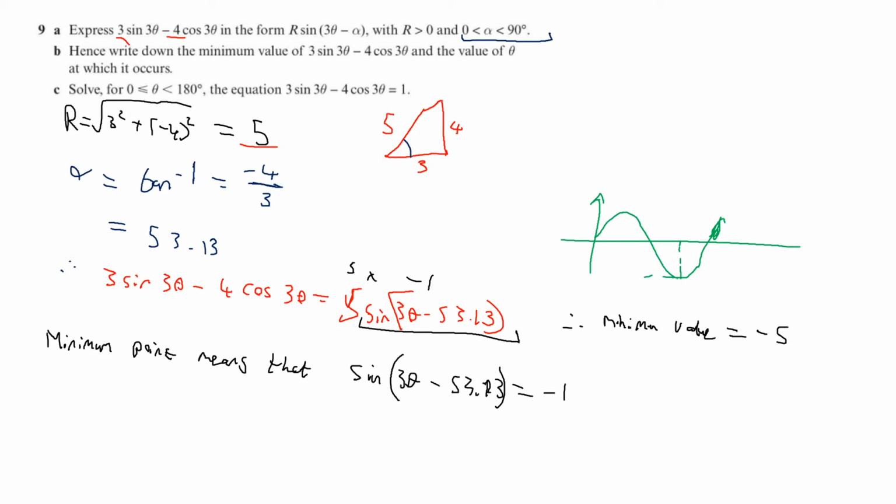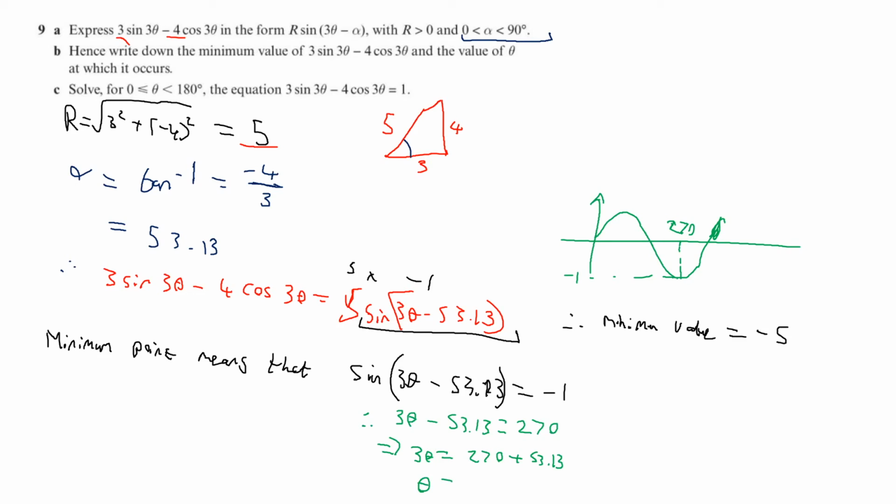At what point is this minus 1? At 270, innit? So therefore, 3 theta minus 53.13 is equal to 270, which means that 3 theta is equal to 270 plus 53.13.